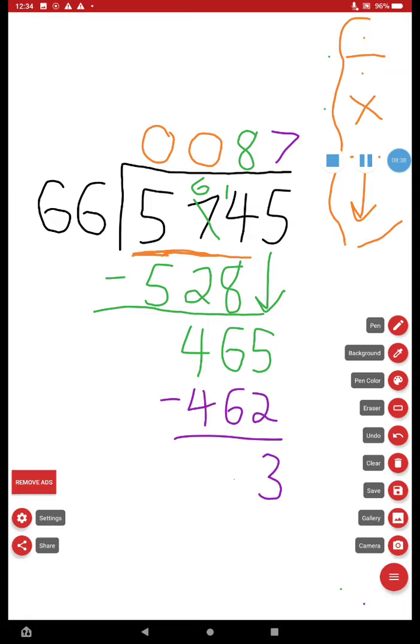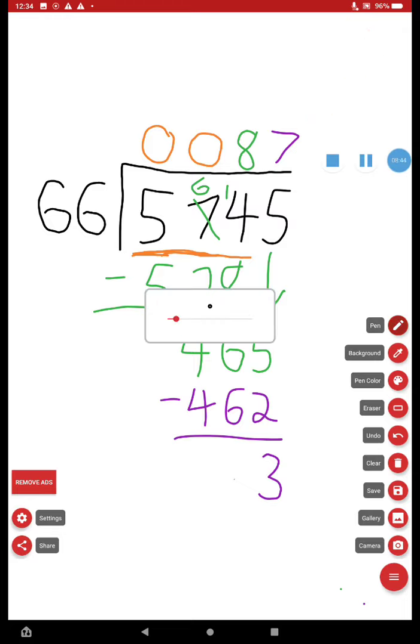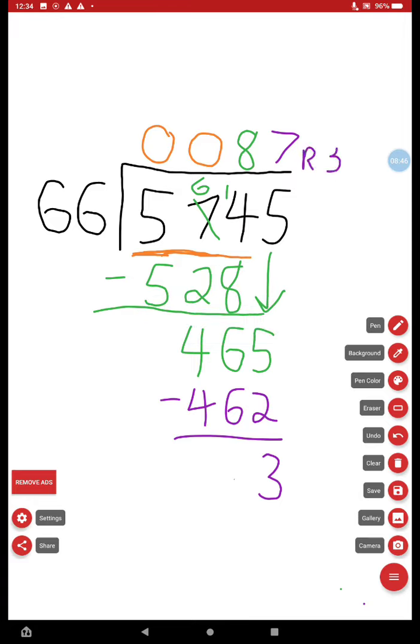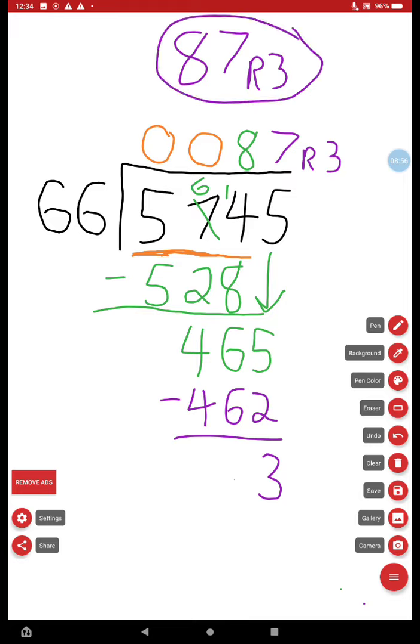No, there's not. So what do I do with that 3 that's left over? Well, I'm going to call it a remainder. So what did I get for a quotient? I got 87, remainder 3. All right, put that into practice on 5.4, remembering.